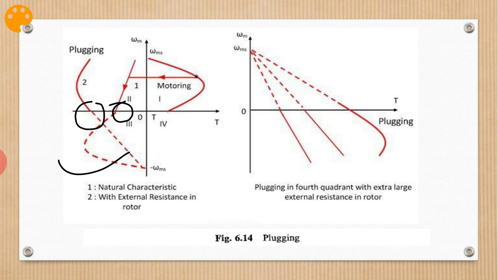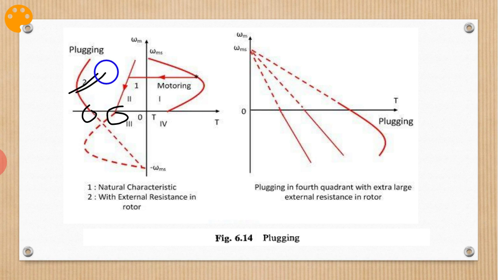When used for stopping the motor, it is necessary that the motor should be disconnected from the supply at or near zero speed. So if you want to stop the motor at any point here, and this is a natural characteristic, and this is the rotor resistance added to the rotor.